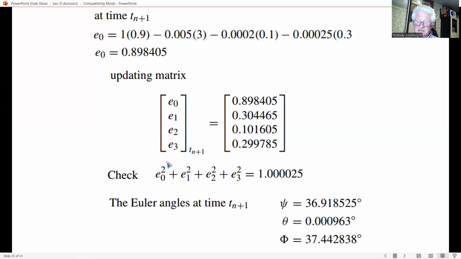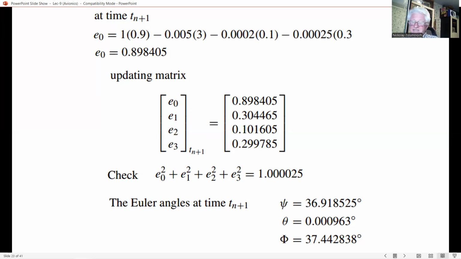We check e0 squared plus e1 squared plus e2 squared plus e3 squared, and it generally gives us 1 after the fourth decimal place, 0.9999 and 25. Those values are very exact. The small error in this constraint equation is due to using the first-order approximate solution.